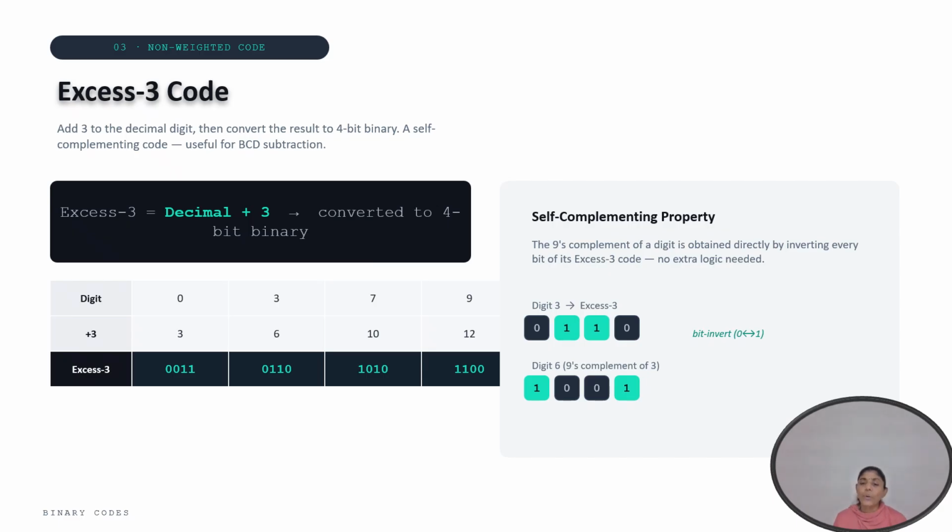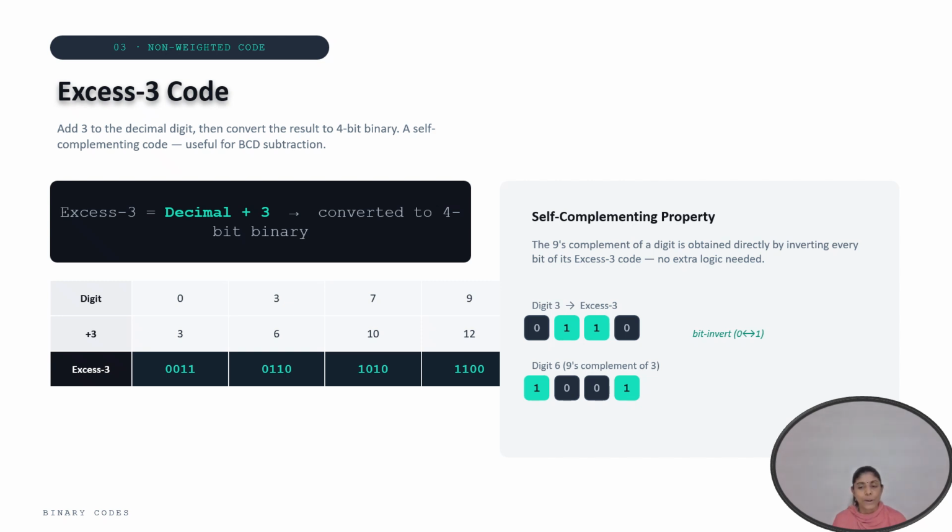Okay. Check what the self-complementing property is. See, in the self-complementing property, take that example. What is your actual decimal digit? It is 3. You have to convert it into excess 3. So if you convert into excess 3, what will be the result? 3 plus 3 is 6.